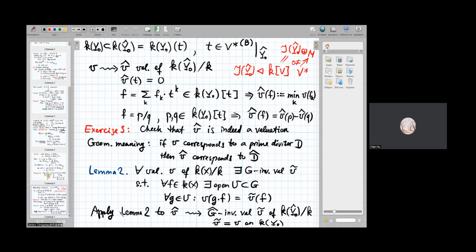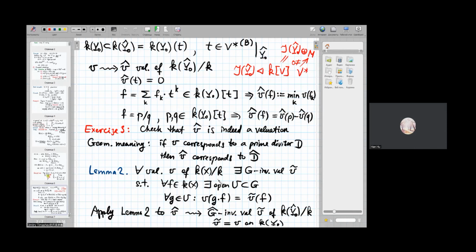So apply lemma 2 to V hat will not be stated in the next course, right? No, I mean we already applied this lemma here. I just formulated this lemma 2 in this generality because it may be useful in other questions.